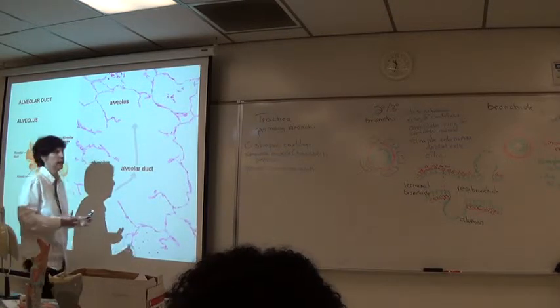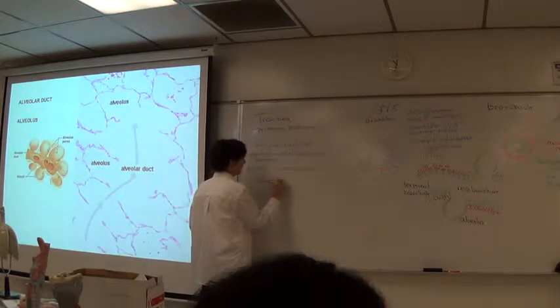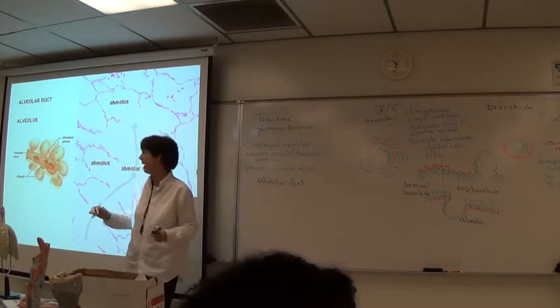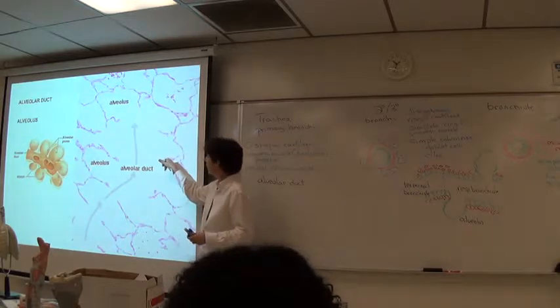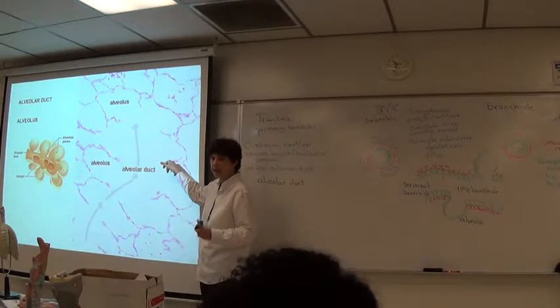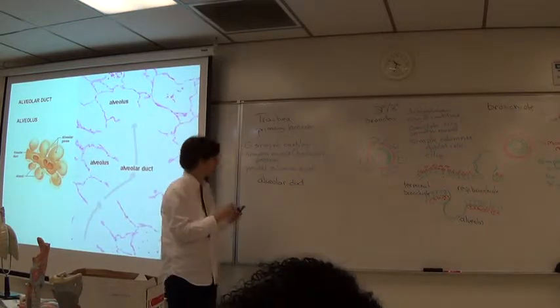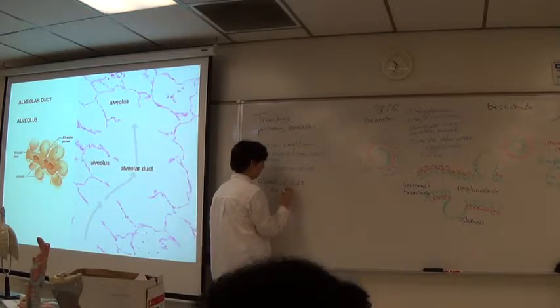We lose, with our alveolar duct, we lose smooth muscle. Now you might be able to see little knobs of smooth muscle, all right? But for all intents and purposes, we don't have it. So if it's a test question, the answer would be no, even though you might find tiny little islands of it. So there is no, or negligible, smooth muscle.